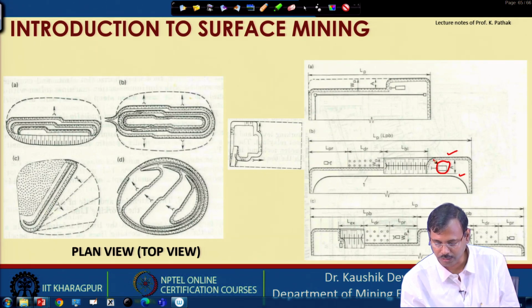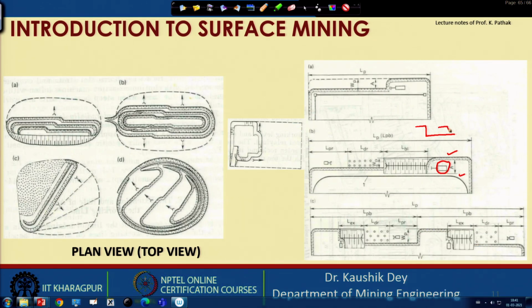So, the bench is like this, in this place the bench is like this, and this machine is working at this position. Here it is showing that in future this part from here to here is now fragmented rock.